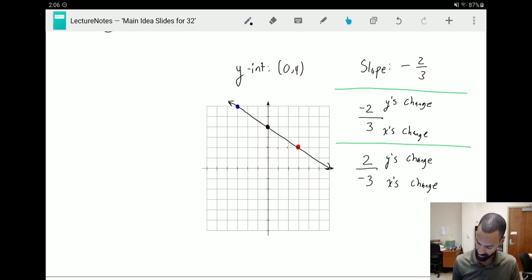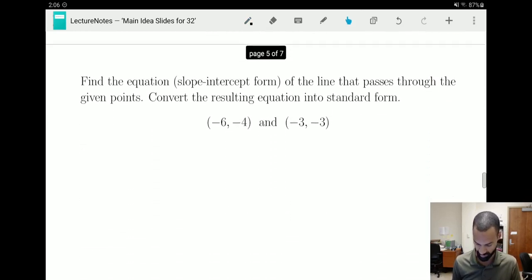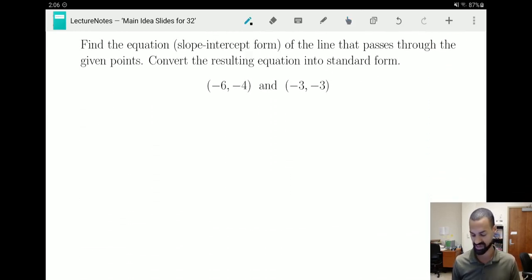Okay, let's get to the most complicated type of problem in this section, which is given 2 points, find the equation of the line in slope-intercept form, convert it to standard form. Okay, we're going to do all of that. So, when you're trying to find the equation of a line, given 2 points, you want to keep in mind that y equals mx plus b is a great place to start because you need to find two parts, m and b, and you have a formula for one of those.